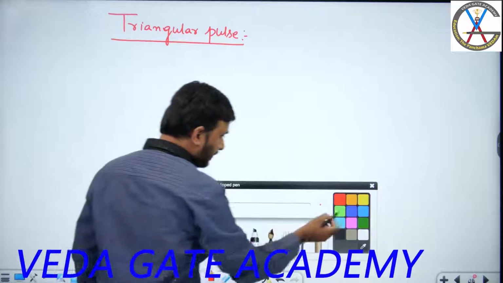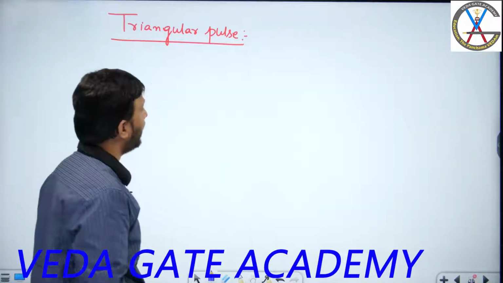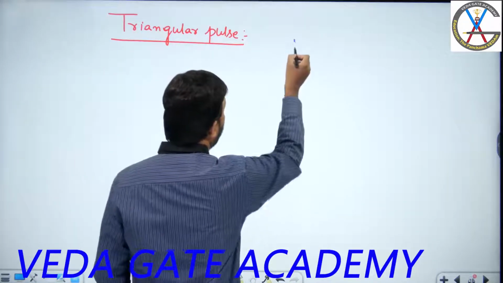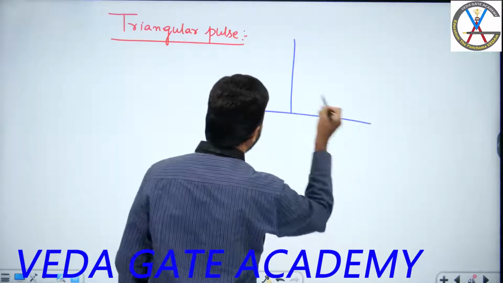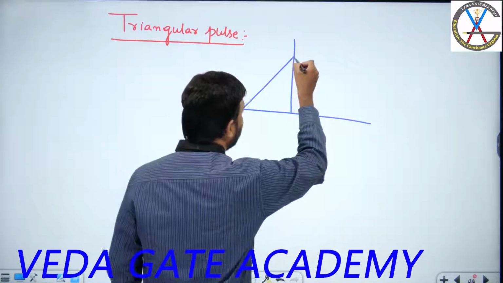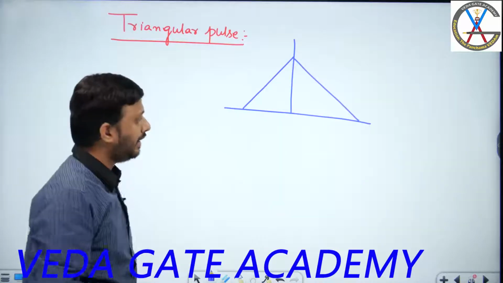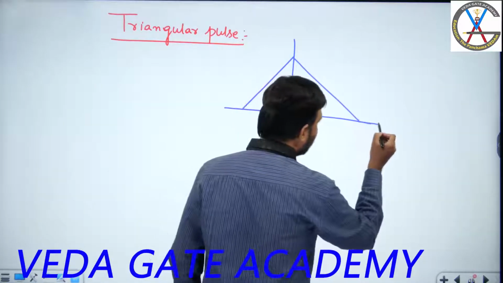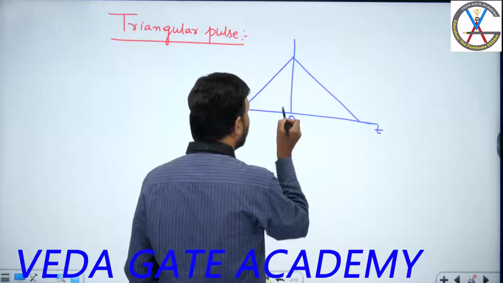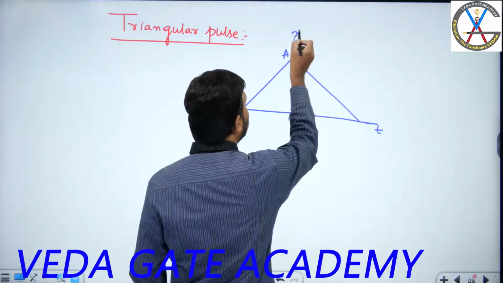How are we going to show this triangular pulse? I can show like this. Triangular pulse means the signal shape will be in the form of a triangle. Independent variable is t. This is 0. This is A. This is x(t).